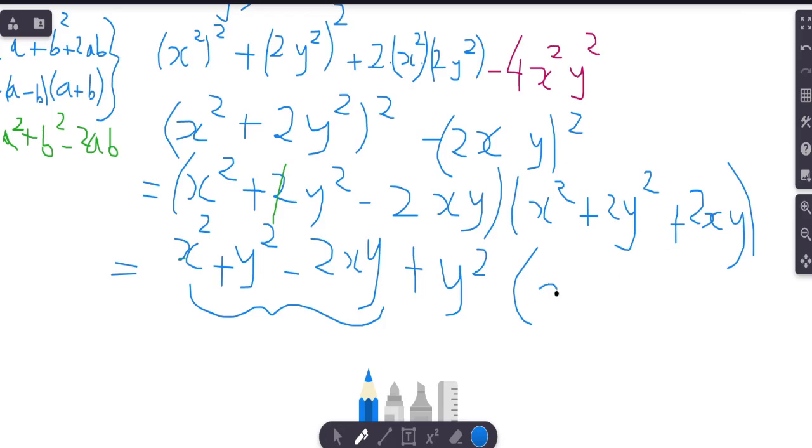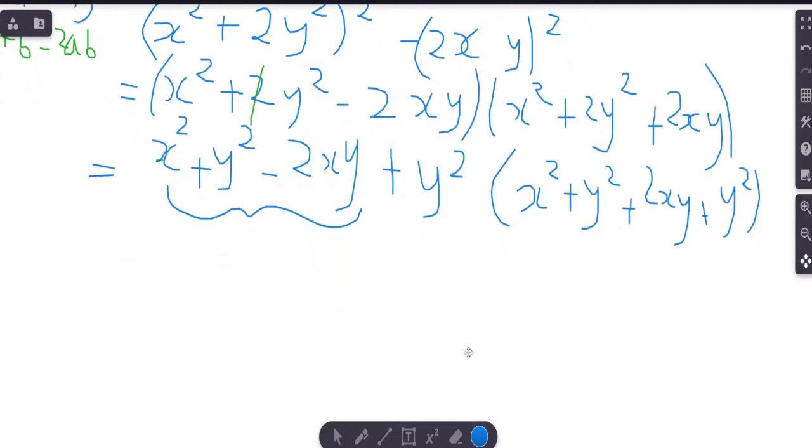So we'll have x squared plus y squared plus 2xy plus y squared. Okay. And I have my common identity here, a plus b squared.